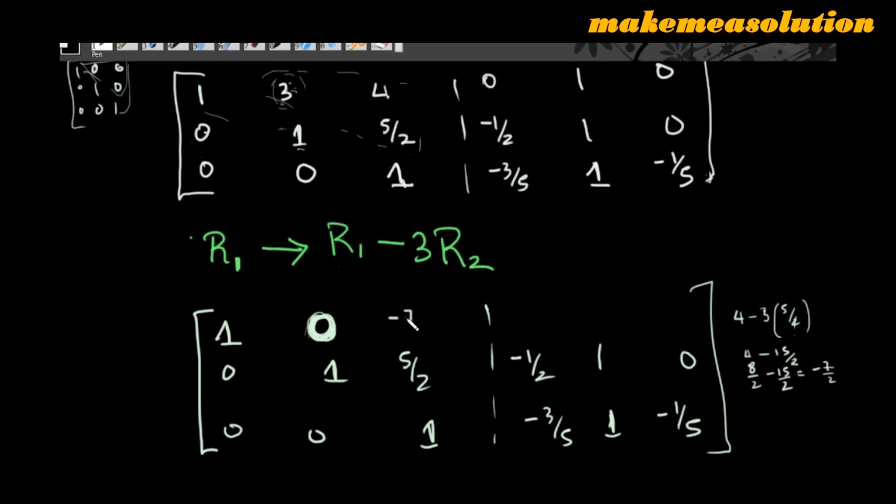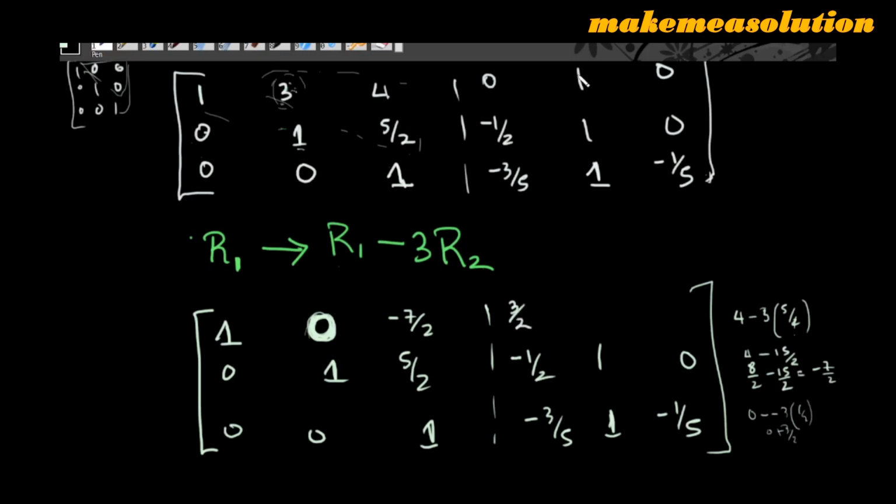So 4 minus 3 into 5 over 2 gives me -7 over 2. Then you do 0 minus 3 into 1 over 2, which is 0 plus 3 into 1 over 2, which is 0 plus 3 over 2, which is 3 over 2.